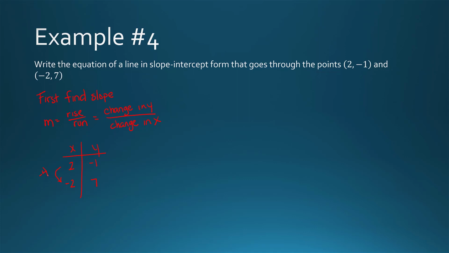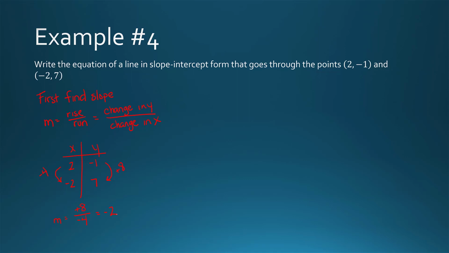And to do the same thing on the y's, to go from negative 1 to positive 7, I need to add 8. So if I go back up here to my slope, rise over run, my change in y would be plus 8 over the change in x, which is minus 4. So positive 8 over negative 4 is just a negative 2. And so that would be my slope.